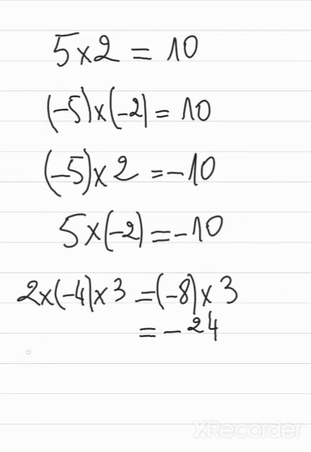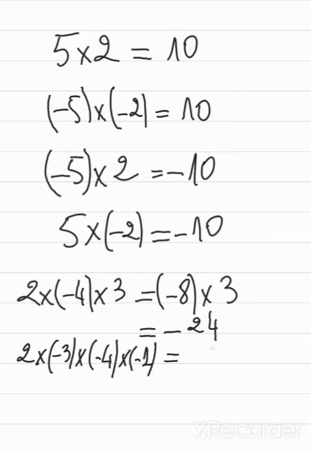What if we have 2 times negative 3 times negative 4 times negative 1? We can take the first ones and then the last ones.